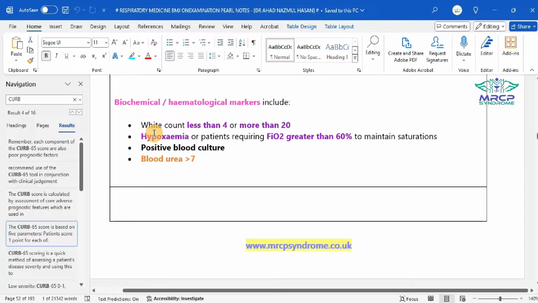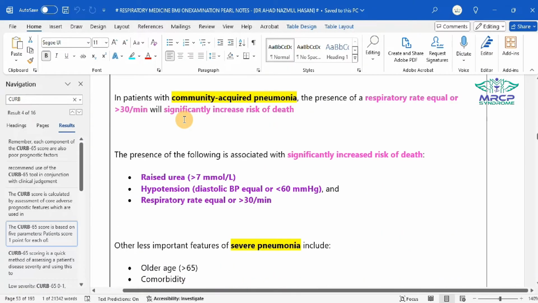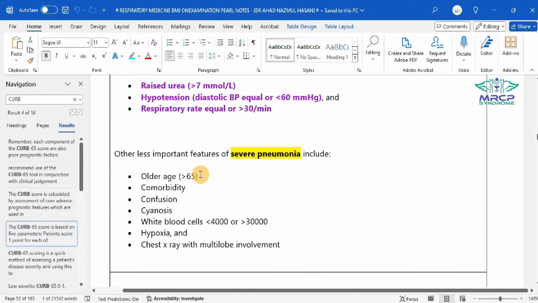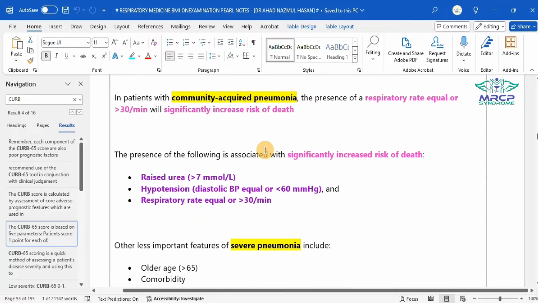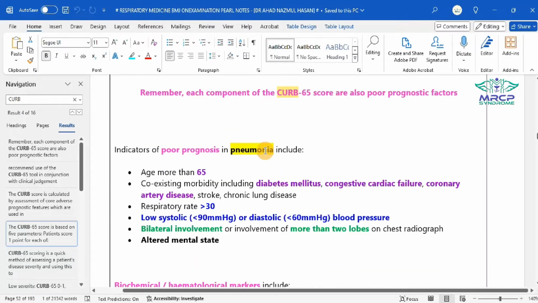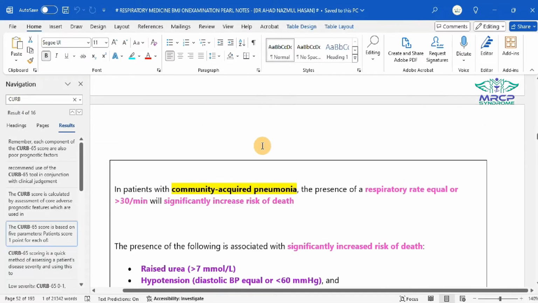And there are some biochemical or hematological markers like white cell count either less than 4 or more than 20, hypoxemia or the patient requiring FiO2 greater than 60% to maintain saturation, positive blood culture, or blood urea greater than 7. There are also some other features of severe pneumonia, but to remove the confusion, you can just memorize the criteria related to poor prognosis.